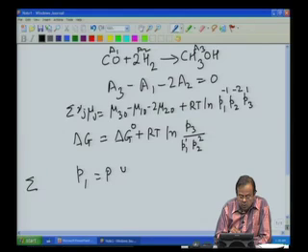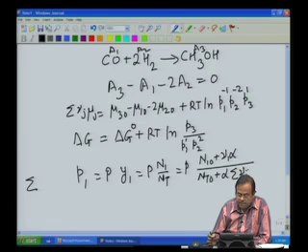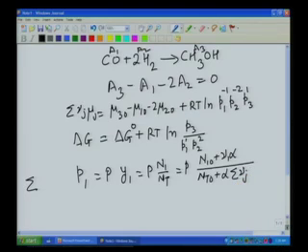Total pressure into Y1, total pressure into N1 by Nt, and similarly all other species. What is N1? N1 is N1 0 plus nu 1 into alpha, and Nt is Nt 0 plus alpha summation nu j. So, this is how I get my equilibrium composition.